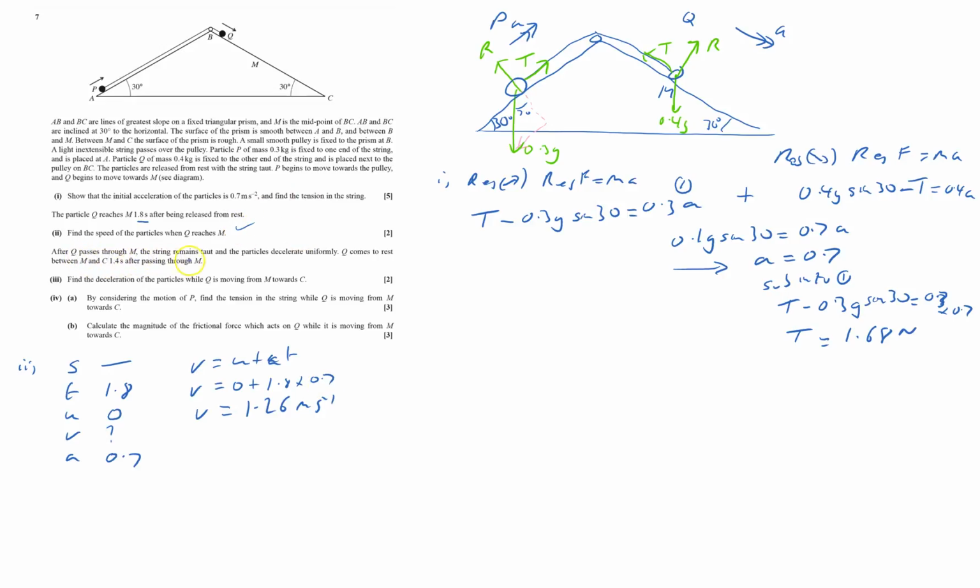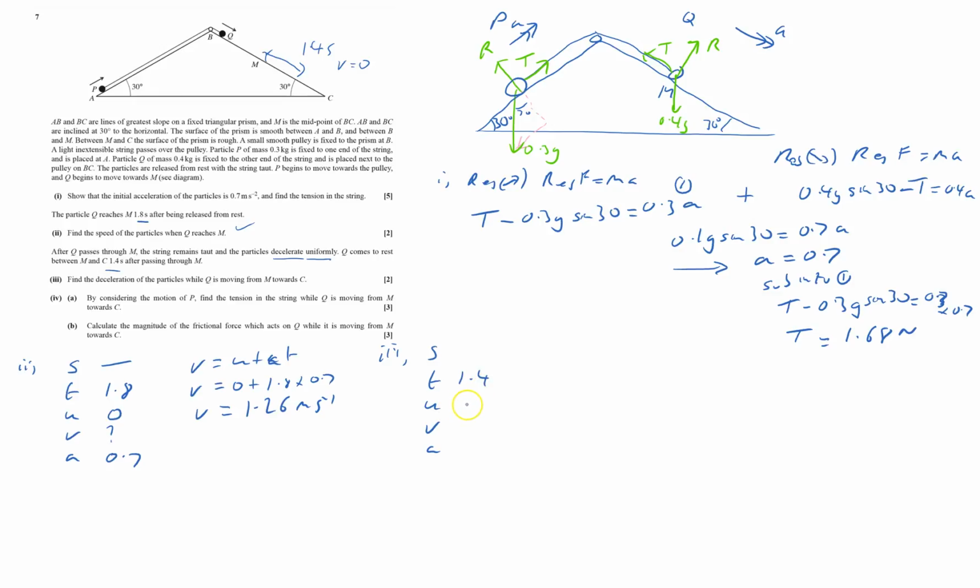After Q passes through M, the string remains taut and the particles decelerate uniformly, and Q comes to rest between M and C, 1.4 seconds after going through M, so 1.4 seconds, that gap there, and then v will equal 0. So again, I've got constant acceleration, so I can use SUVAT, and I've got time 1.4.